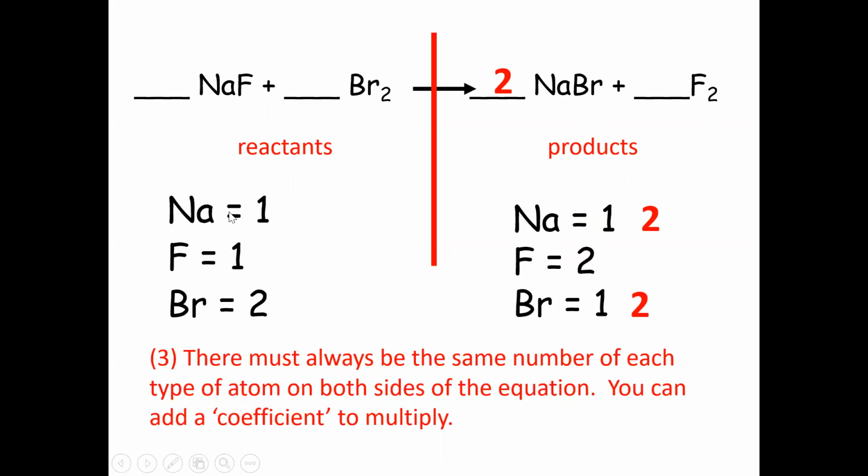So you can see sodium is not balanced, fluorine is not balanced, but bromine is now balanced. To balance sodium and fluorine, to make them both 2 like the product side, you can put a 2 in front of sodium fluoride. I now have 2 sodiums and 2 fluorines. So now I have 2 sodiums on both sides, 2 fluorines on both sides and 2 bromines on both sides. My equation is now balanced.